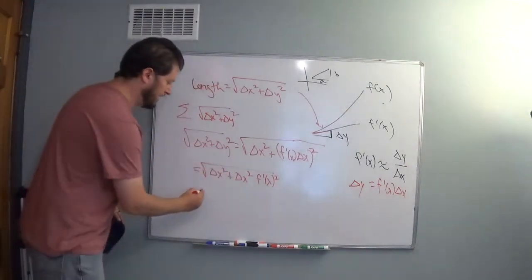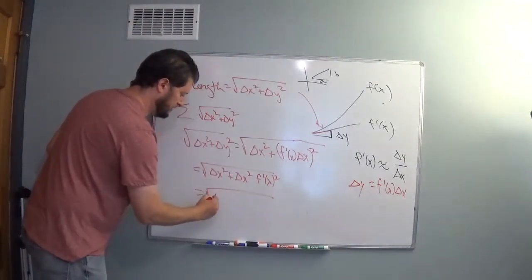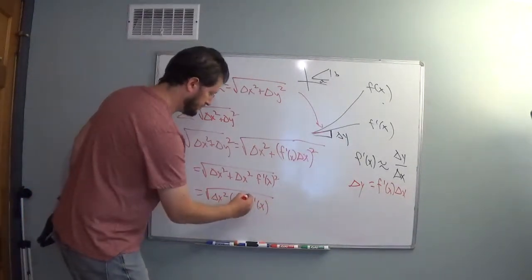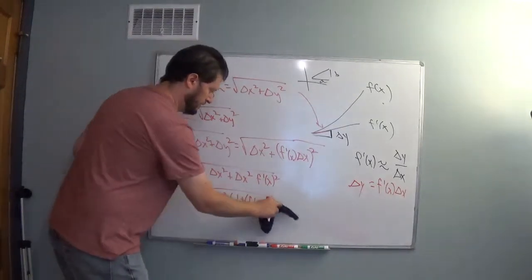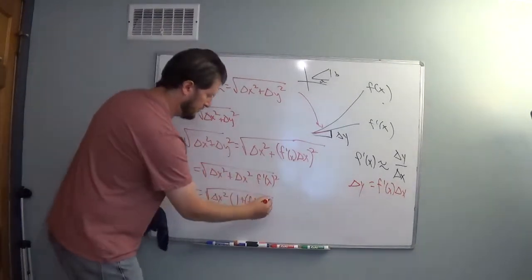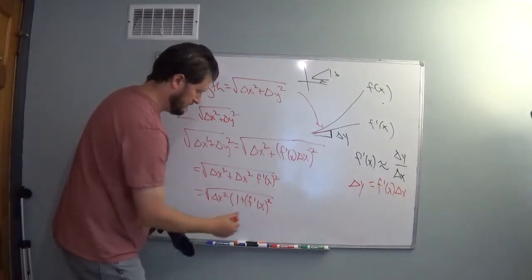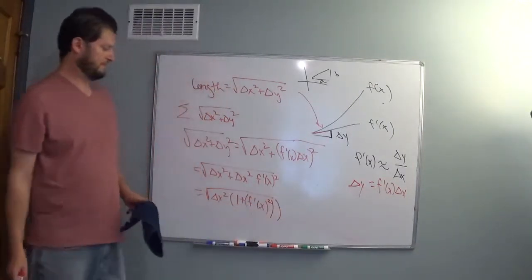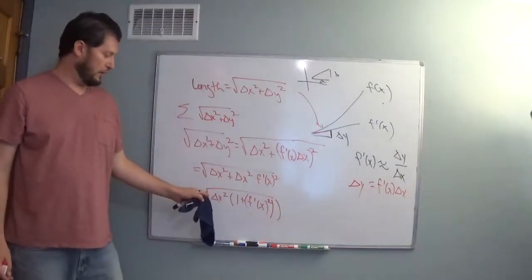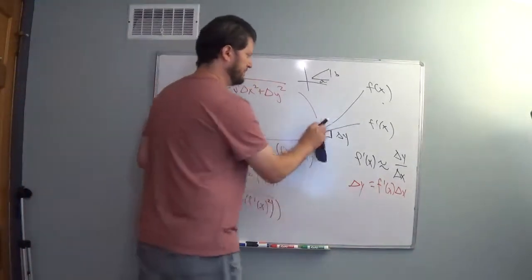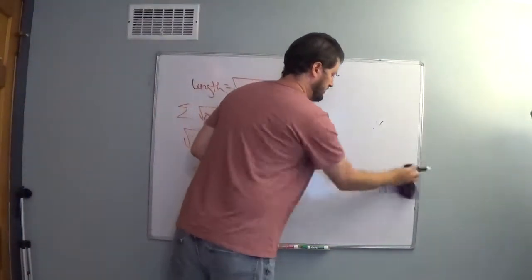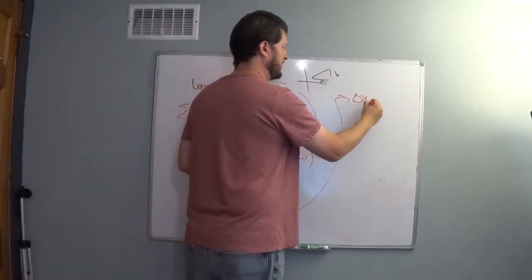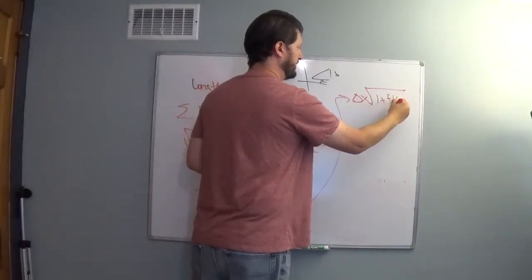And I can factor a delta x squared out of both of these pieces, and I get 1 plus f prime at x squared. Just watch where my parentheses go. The only thing that's squared is the f prime at x. Okay, so good. The square root I can apply to the delta x. So that becomes delta x square root of 1 plus f prime at x squared.